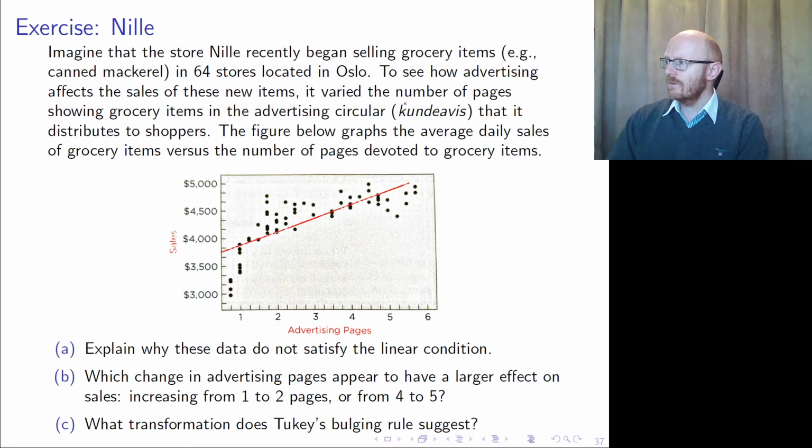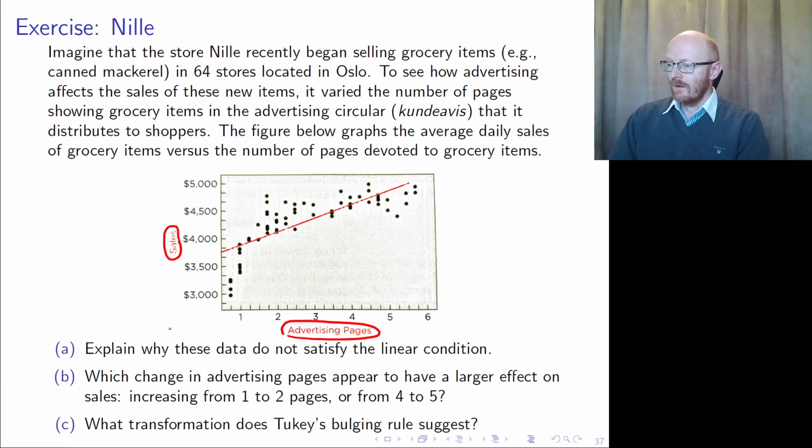They want to see how the number of pages in an advertising circular affects the sales of these goods, which means they have to have variation in the X variable, which is the advertising pages. And then they are calculating the sales on the back of this, okay?